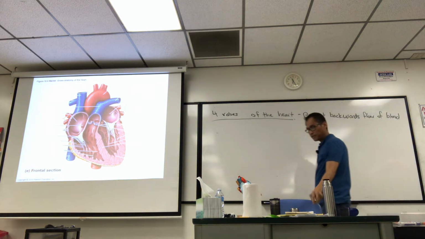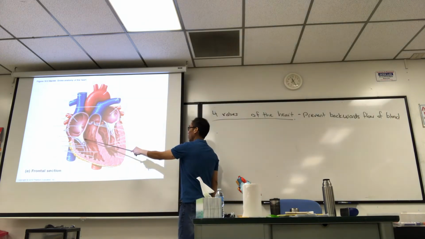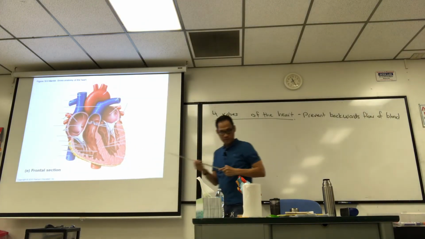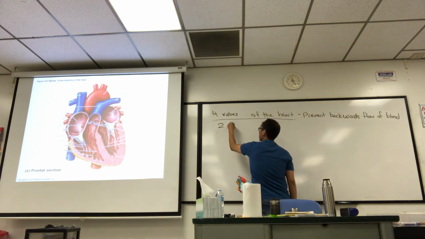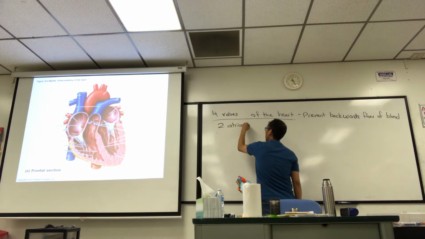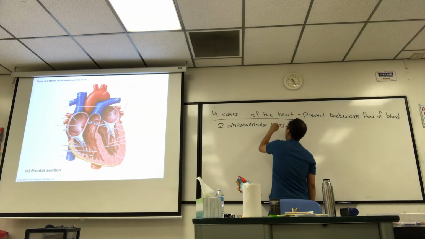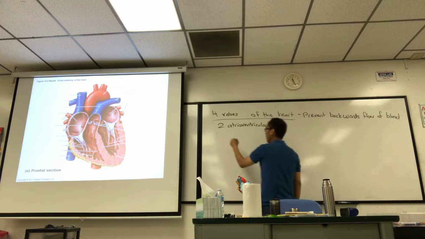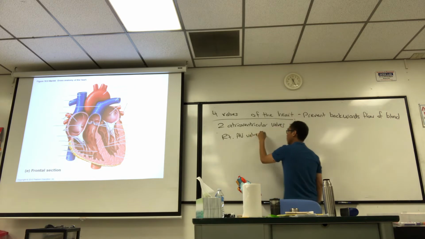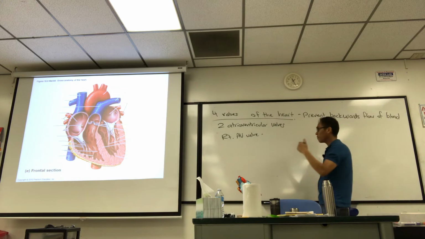The two that are easiest to view from the picture are called the atrioventricular valves, one on the right and one on the left. Two atrioventricular valves. So you have the right AV valve, left AV valve. Right AV valve, also known as the tricuspid valve. Got 3 cusps in that valve.